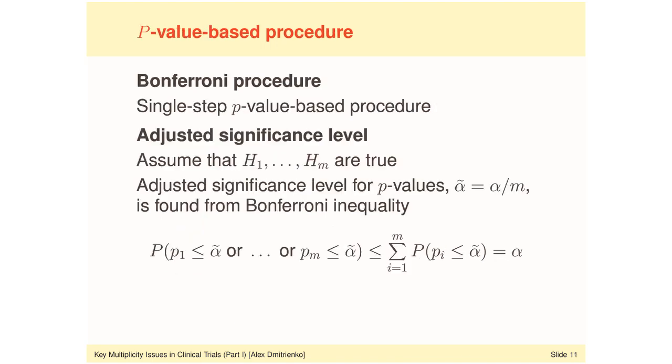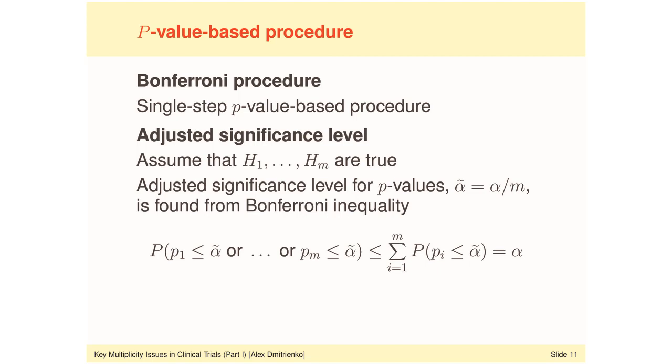With this notation in place, let us revisit the Bonferroni procedure, which is the single-step non-parametric procedure. When I say single step, I mean that all p-values are compared to the same significance level or the same threshold.